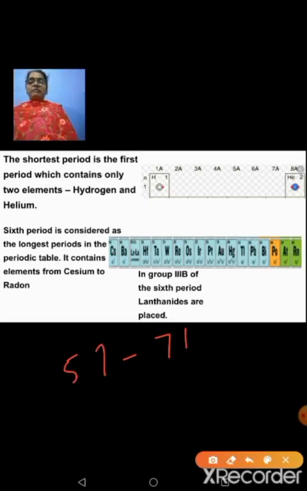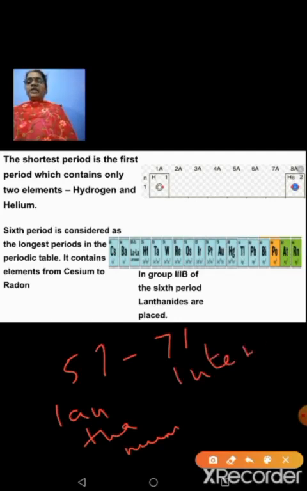So the first element here is lanthanum, La, and 71 is lutetium, that is Lu. So it begins with La and ends with Lu, 57 to 71. In between these, it's given here, see. In between, these elements are not shown, but they are shown separately below the periodic table. So this is the longest period.